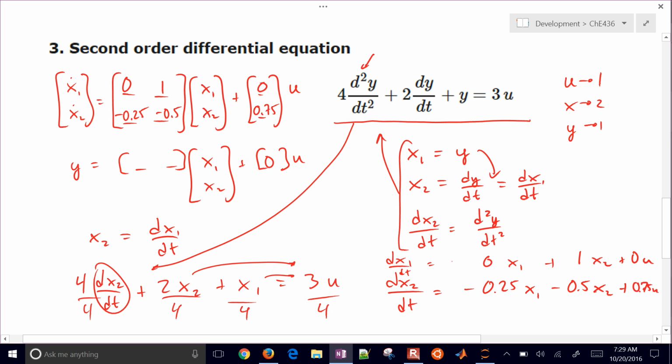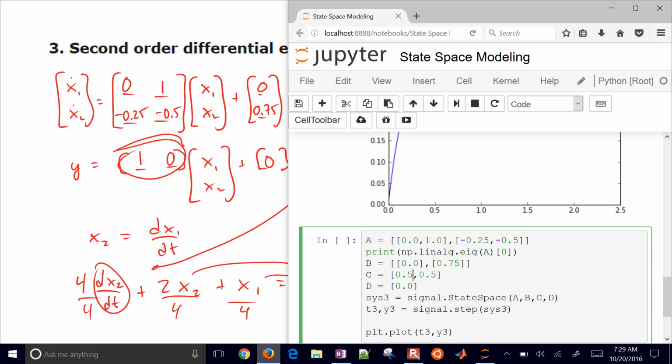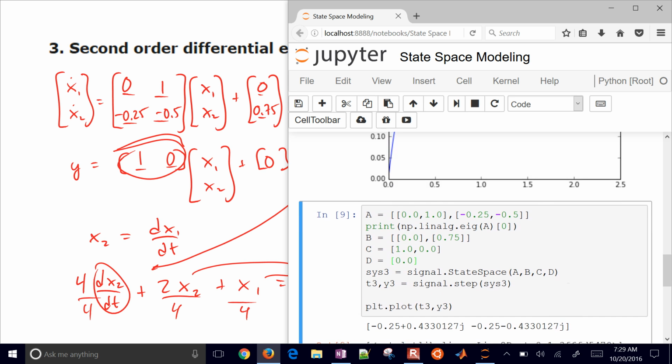Oh yes, I forgot this one as well right here, and that one we're just going to use this equation. So that's just going to be a 1 and a 0. If you multiply that out, it's just y equals x1. Going back, let's go 1 and 0.